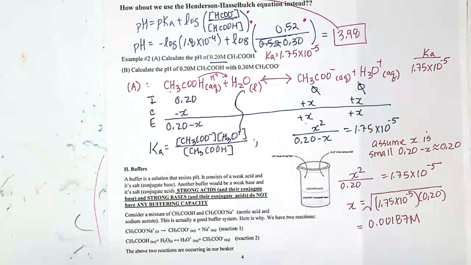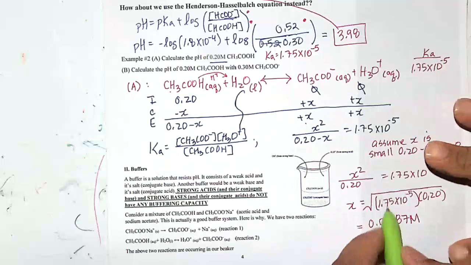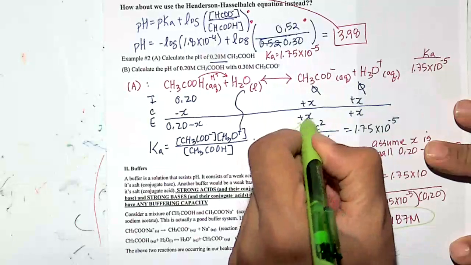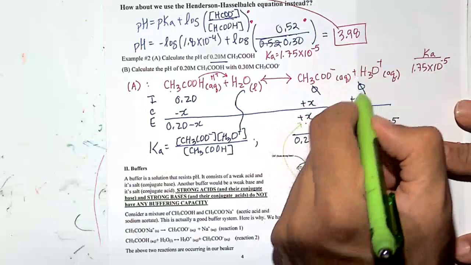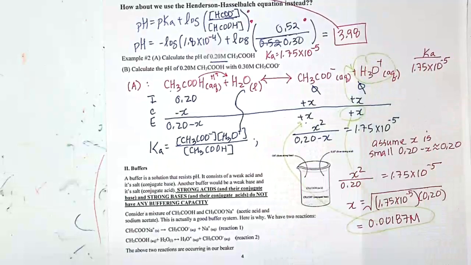Molar. But what does that x really symbolize? Yes, CH3COO minus acetate and H3O plus.